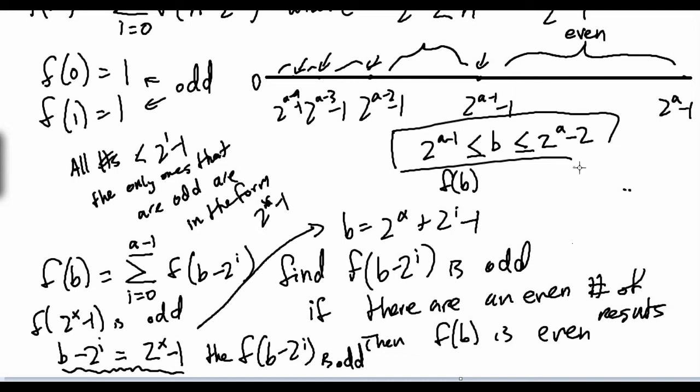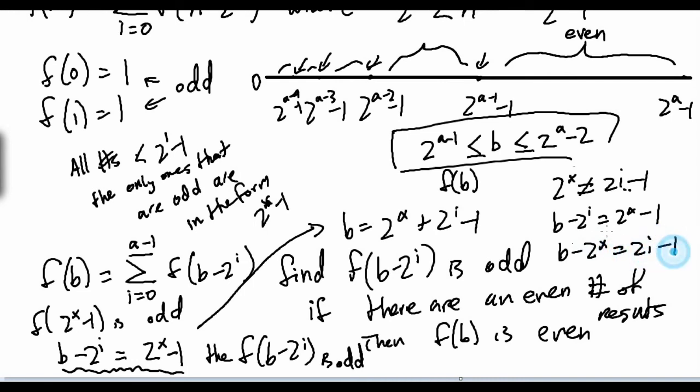If they're a minus 1, they're above the range. And thus, they must be different numbers. And if we know they're different numbers, if 2 to the x does not equal 2 to the i minus 1, then that means for every b minus 2 to the i equals 2 to the x minus 1, there exists a b minus 2 to the x equals 2 to the i minus 1.